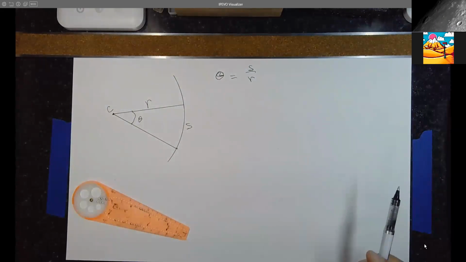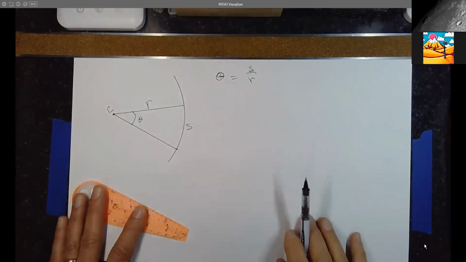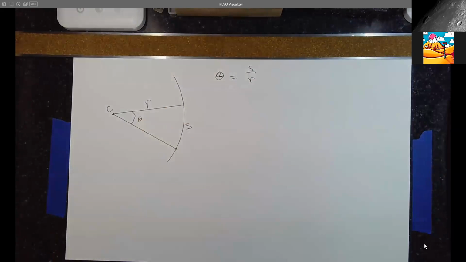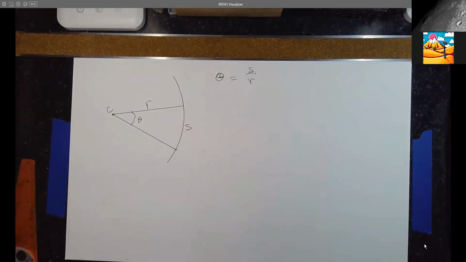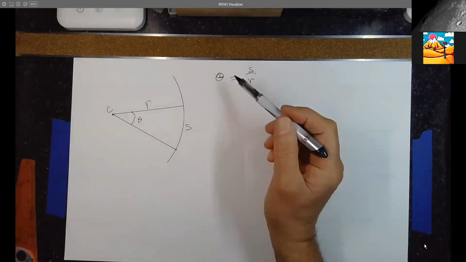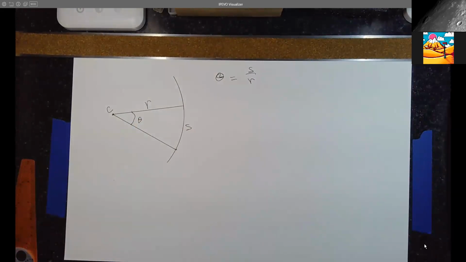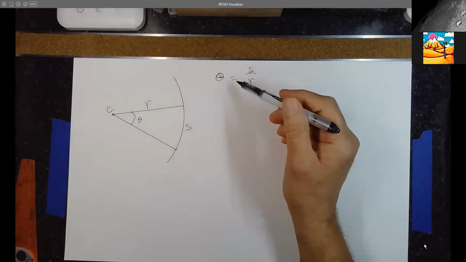And there's this relation that exists that if you go all the way around a circle, the arc length you get happens to be 2 pi times the radius. That full circle, the angle would be 2 pi. But there's our definition of radian measure. We're going to use this. It pops up a few times. It pops up in optics, actually. We'll be using something called the small angle approximation when we get to optics.